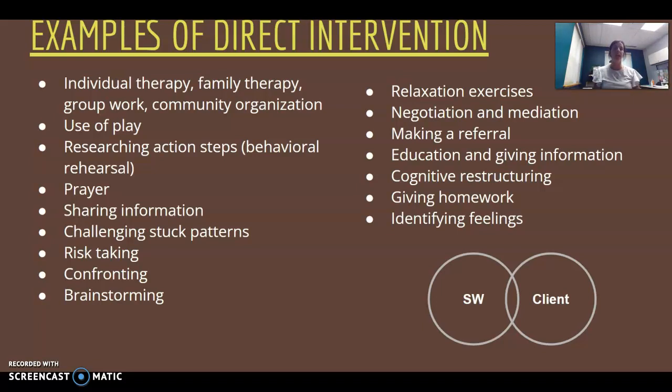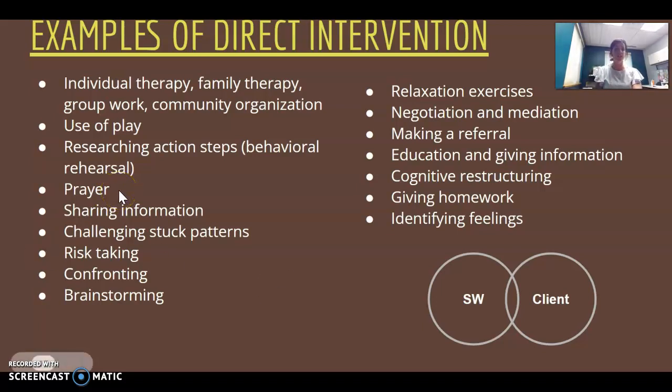So if a client has a lot of anxiety around riding the bus, a way to help lower some of that anxiety is to maybe research a bus route that feels the safest, research how much it costs, watching YouTube videos of how you pay and how you stop, and let the bus driver know when you want to get off the bus. So rehearsing the planned action change before you're doing it to kind of minimize some of the anxiety around it.